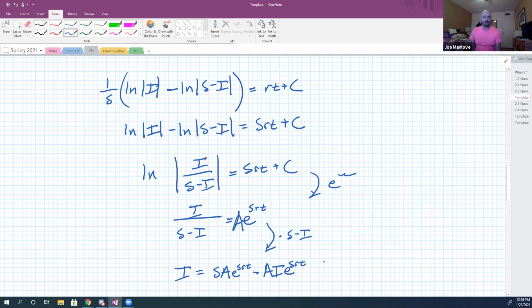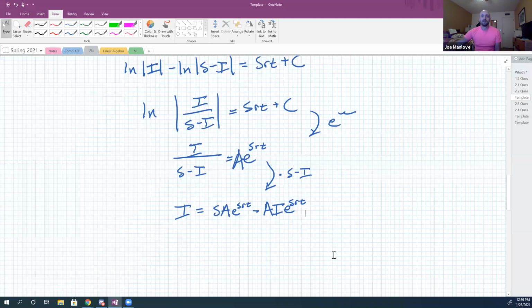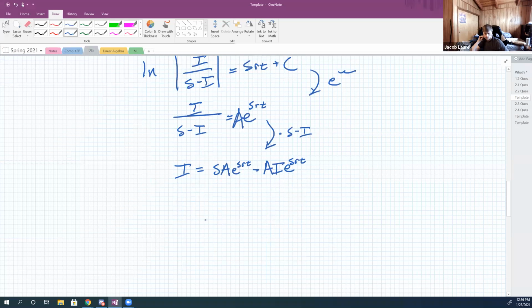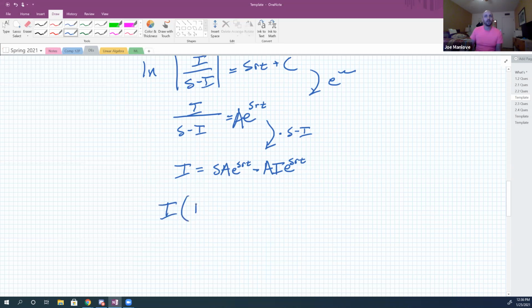Pretty good with that. Then a little more algebra. This thing needs to go to the other side. So I'm going to have I times (1 plus AE to the SRT) equal to SAE to the SRT here.